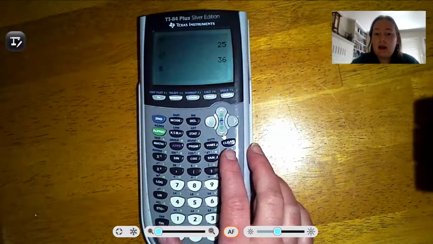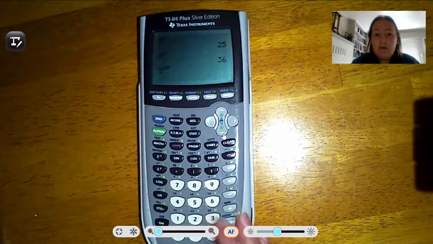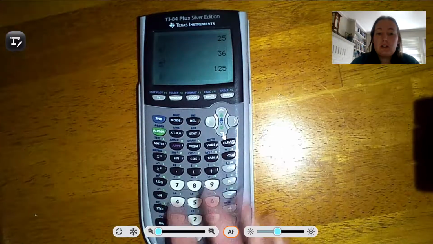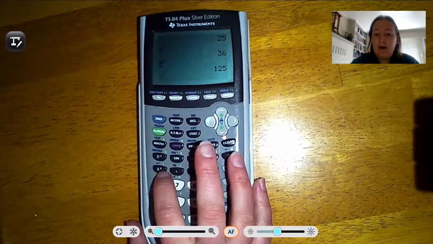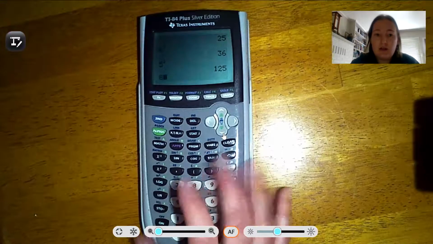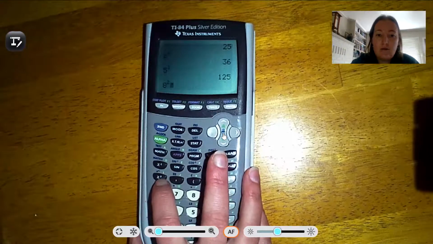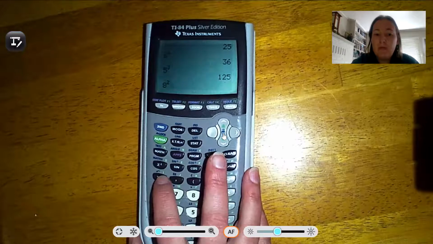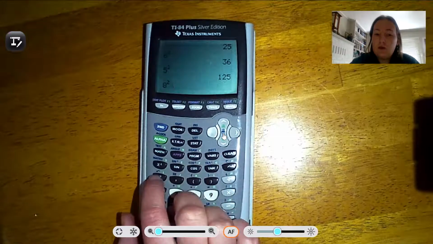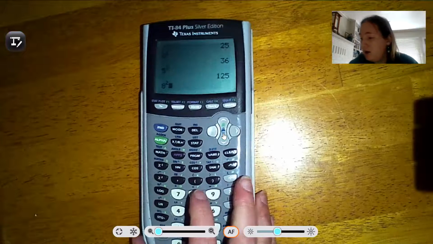I want to mention that caret is great for other powers, like to the 3rd power. There is a special shortcut button for squaring. So x squared is like what you've entered being squared. It doesn't actually mean I'll have an x. So if I wanted to square 8, I could just hit 8 and then the special square button. Squares and square roots are inverses. That's why they share a button. Just like you'll find out later in this course.